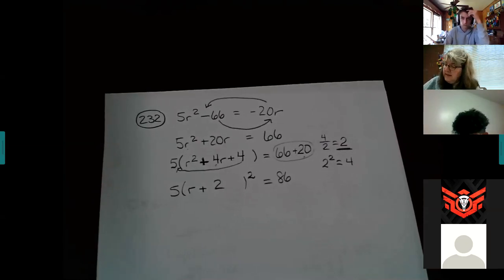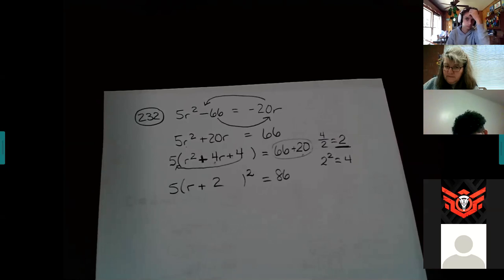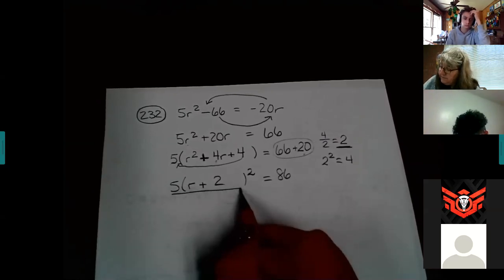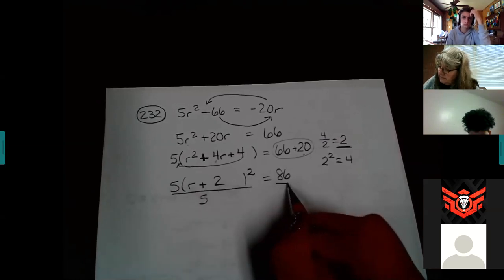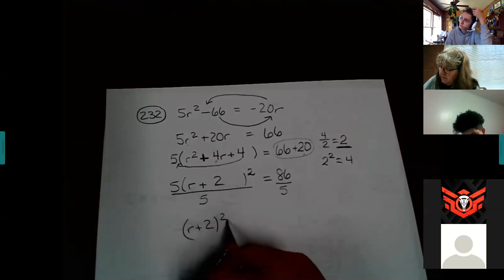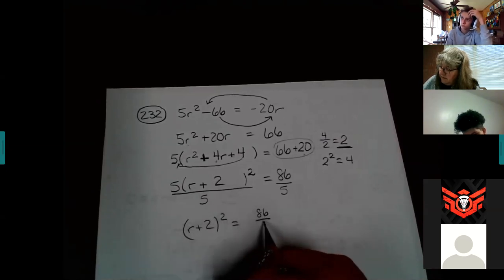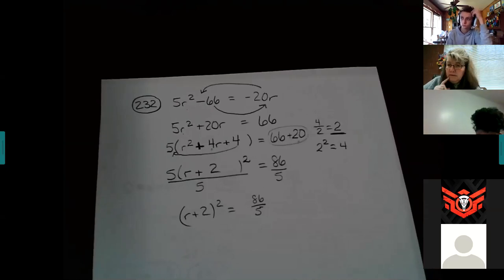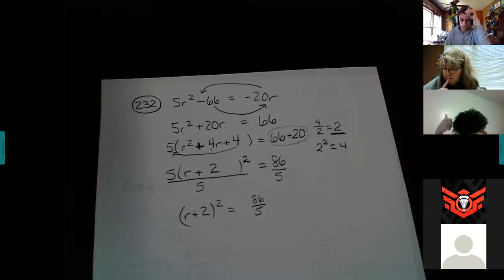Okay. Then on the flow chart, it says divide both sides by the number in front. Y'all with me so far? Grayson, you with me? Merrick, you with me? Yeah.